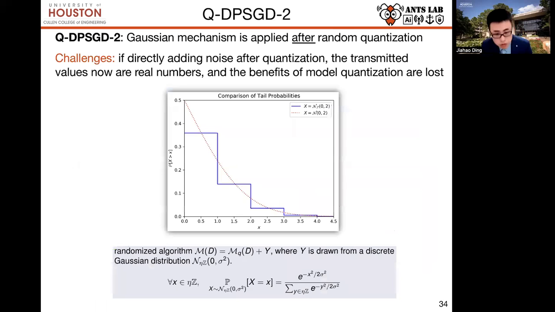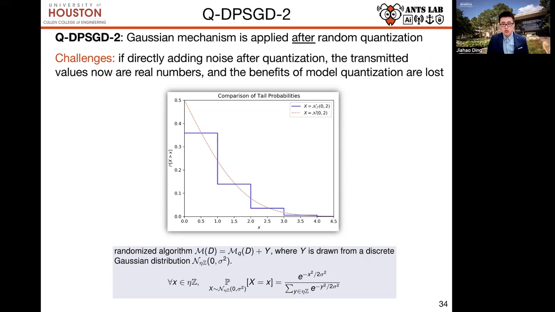So in the first algorithm, the DP noise is applied before the random quantization, so the privacy guarantee of the quantization operator comes from the post-processing of differential privacy. The question here is, how about we add noise after random quantization? The challenge is that if we directly add Gaussian noise after the quantization, the transmitted values become real numbers, and the benefit of the model quantization is lost.